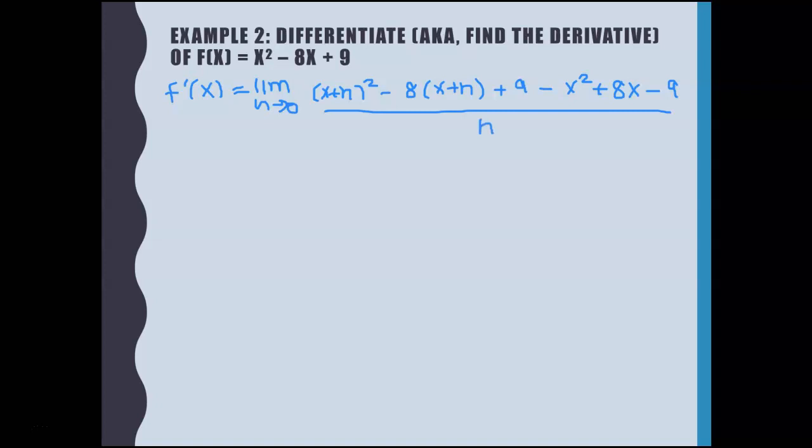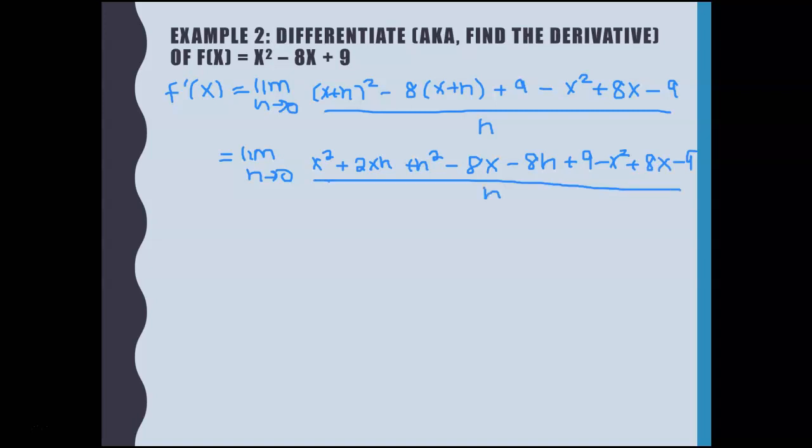So you have the limit as h approaches 0 of x plus h squared minus 8 quantity x plus h plus 9 minus x squared plus 8x minus 9, distributing the negative in, all over h. Leaving x squared plus 2xh plus h squared minus 8x minus 8h plus 9 minus x squared plus 8x minus 9 all over h.